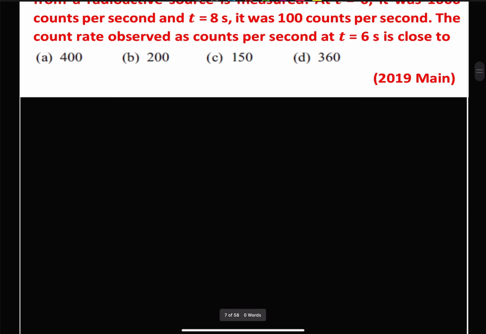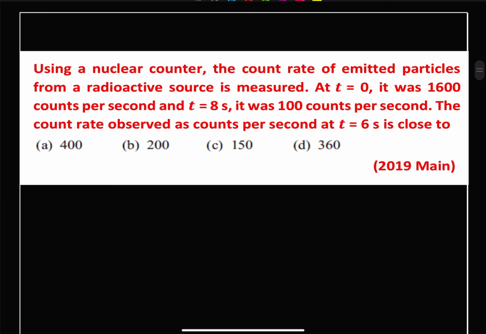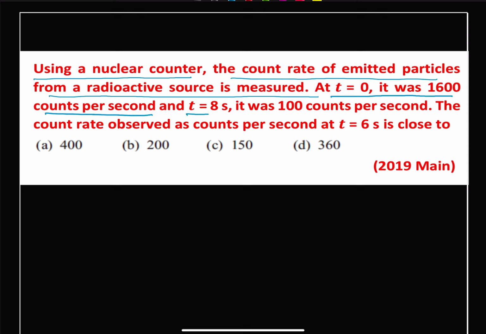Next question. It states that using a nuclear counter, the count rate of emitted particles from a radioactive source is measured. At t equal to 0, it was 1600 counts per second, and at t equal to 8 seconds, it was 100 counts per second.